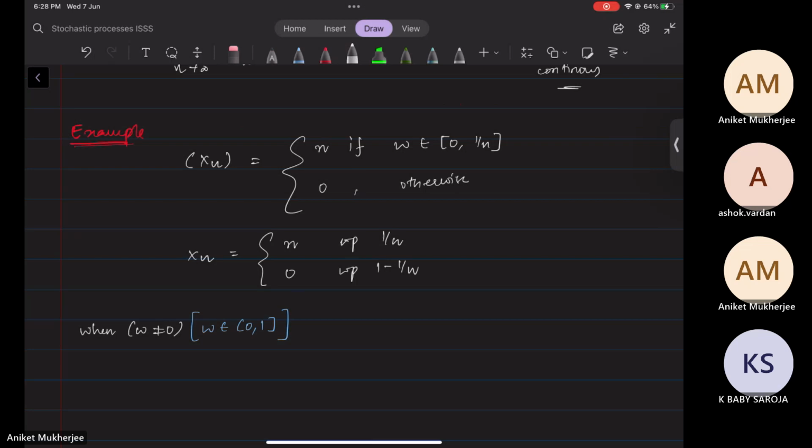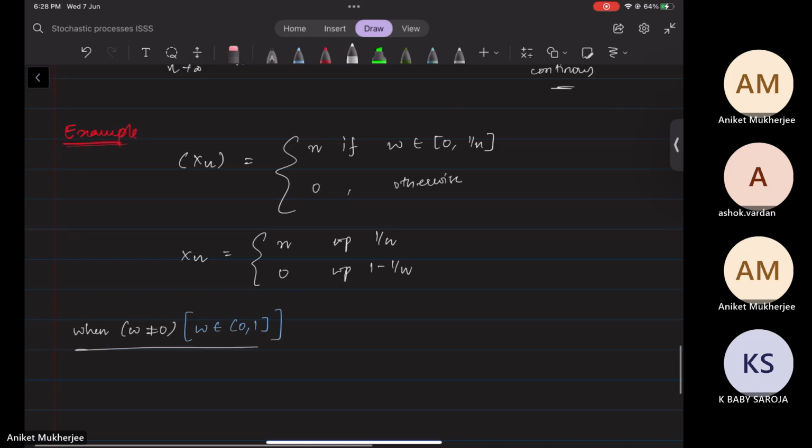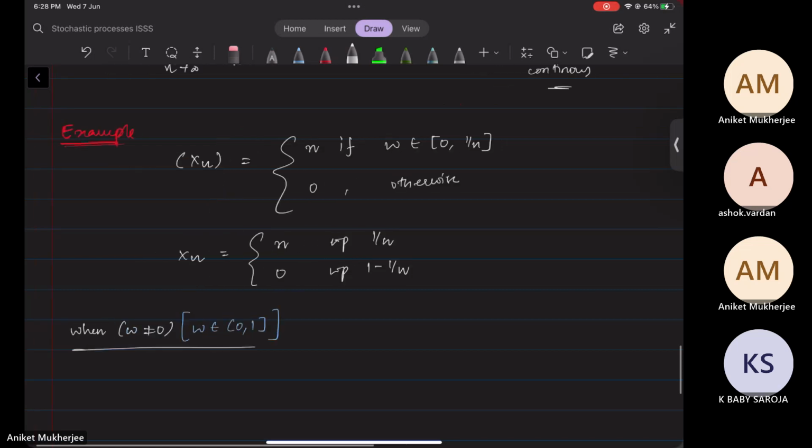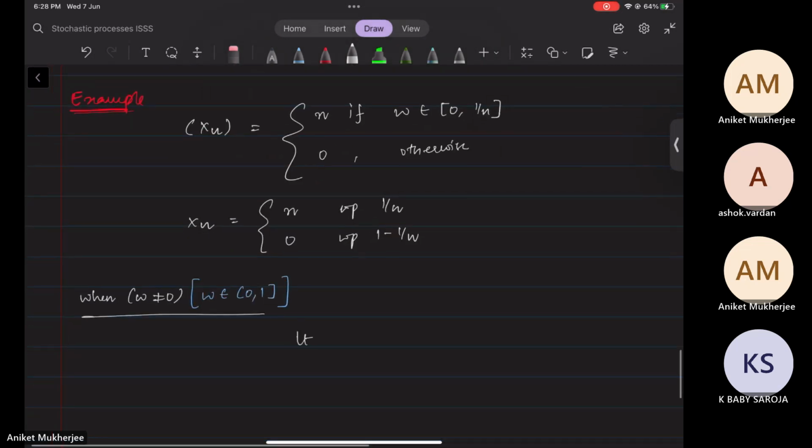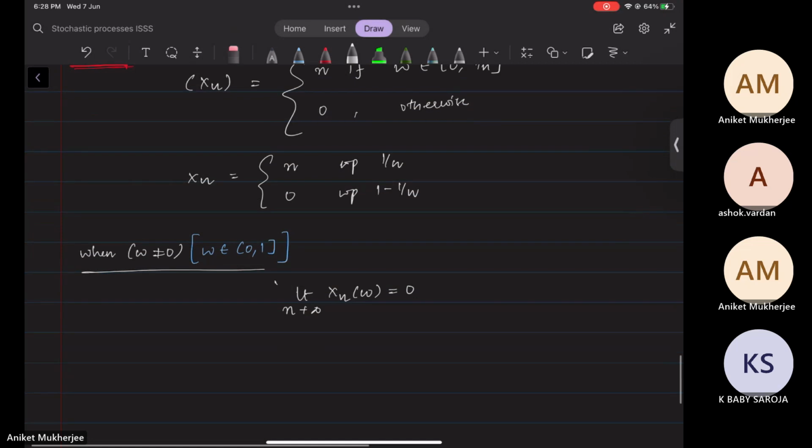Then you can see that the limit as n tends to infinity of Xn(omega) equals 0. To illustrate this, take omega equal to 0.5.